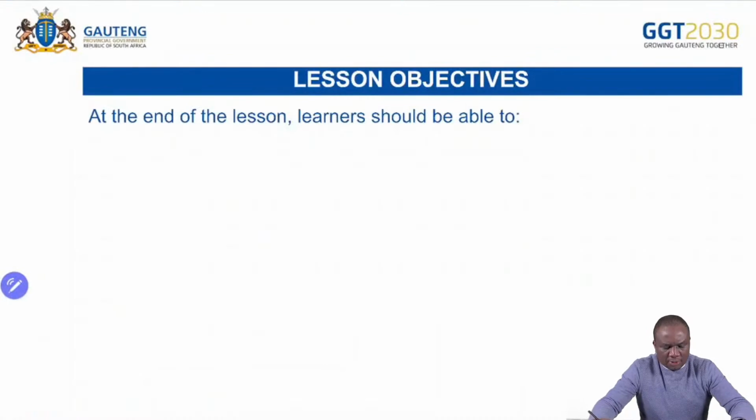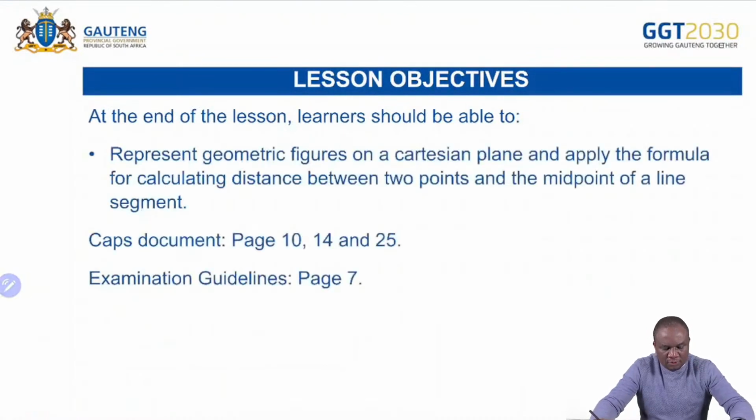Okay, right, at the end of the lesson, you should be able to represent geometric figures on a Cartesian plane and apply the formula of calculating distance between 2 points and the midpoint of a line segment. That's what we're going to do in this lesson.